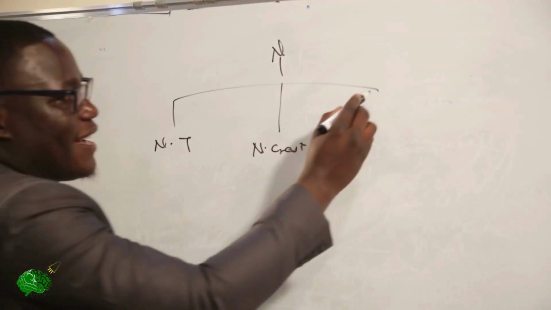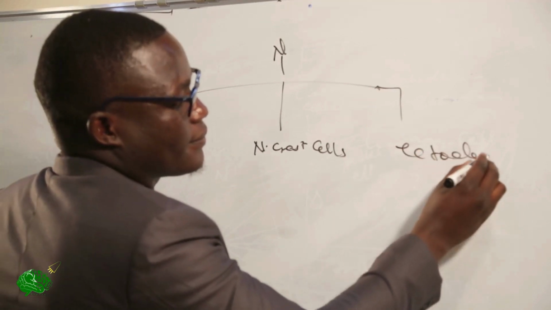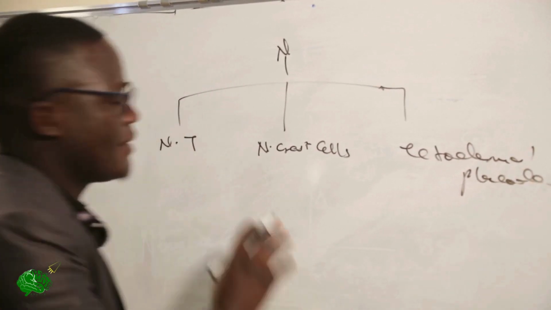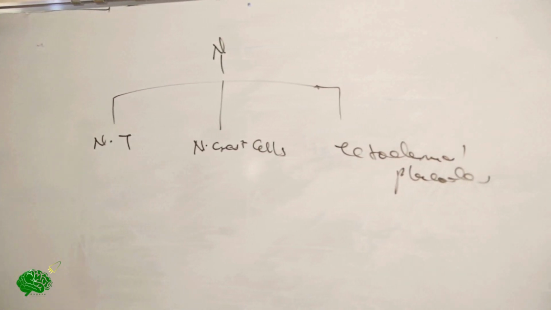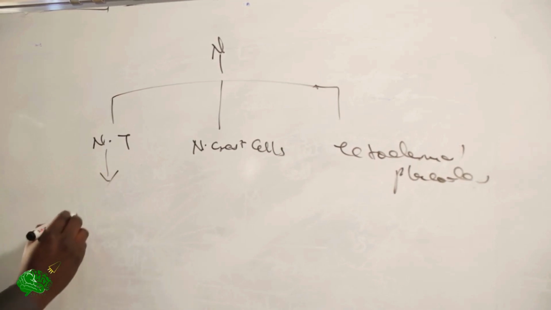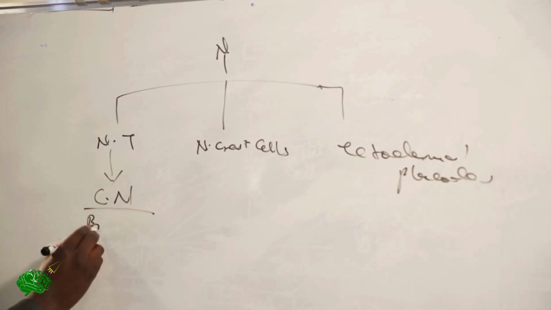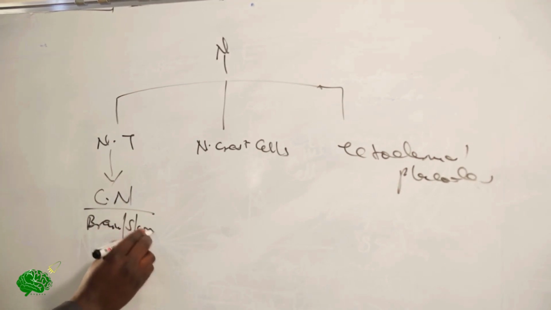And then the third thing that we came up with is the ectodermal placodes. So these are the three aspects that we resulted with at the end of neurulation. So what happens to each of these? The neural tube itself is our future central nervous system. So it will form the brain and the spinal cord.